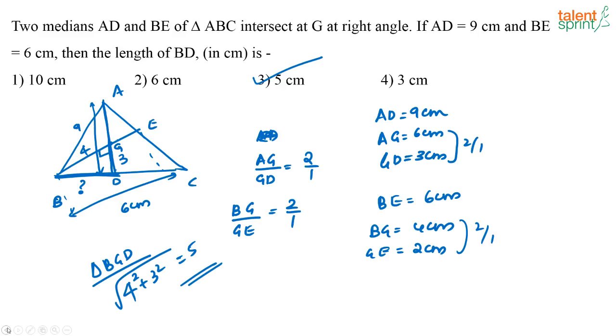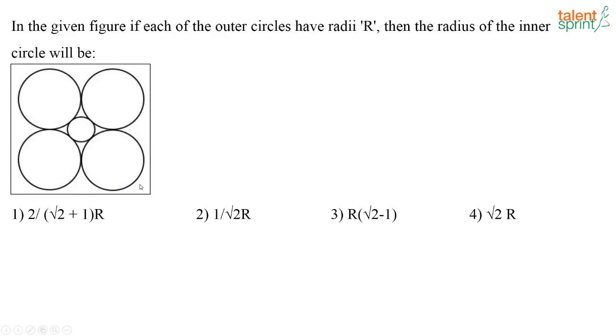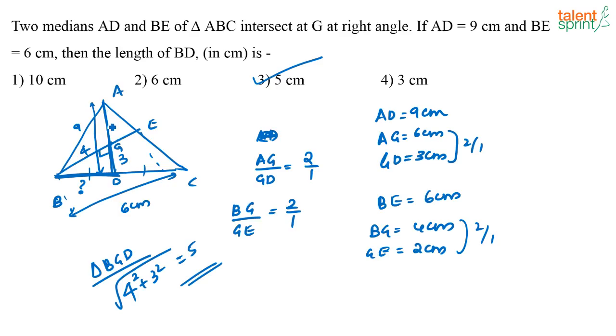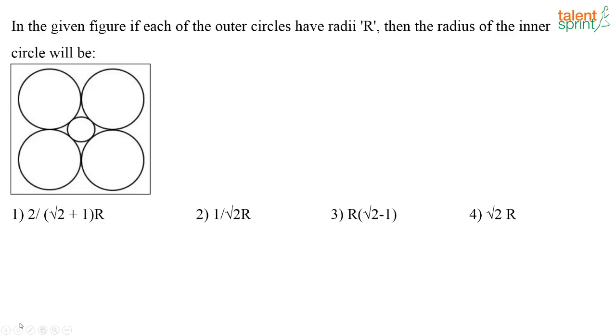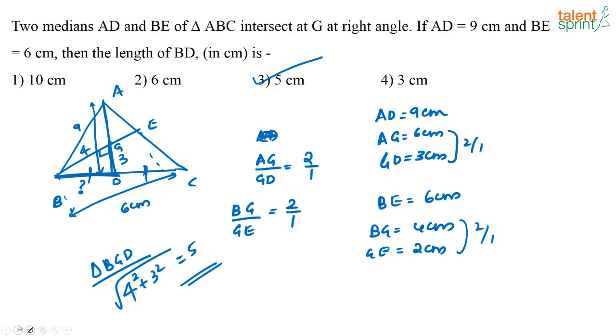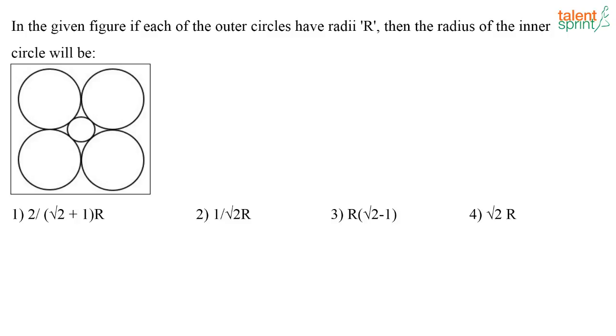Like here, this is equal to this one. That's what the median does. From this vertex, it will go and join the opposite side, and this is equal to this. BD is equal to DC. That's what a median does.